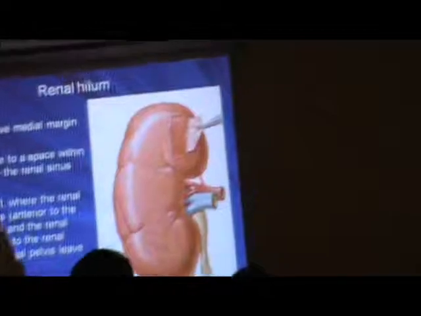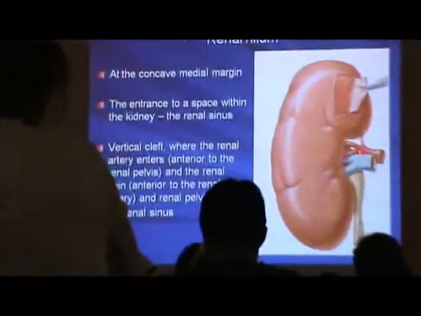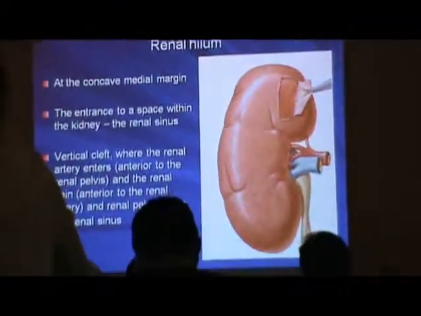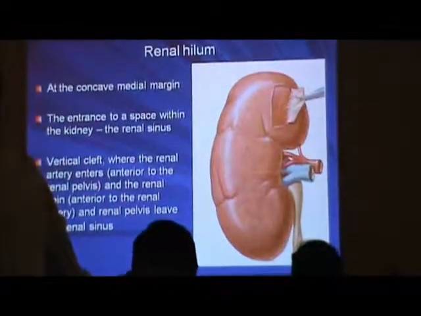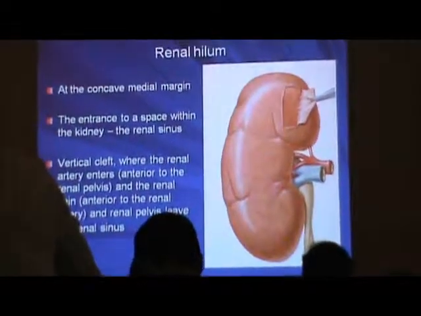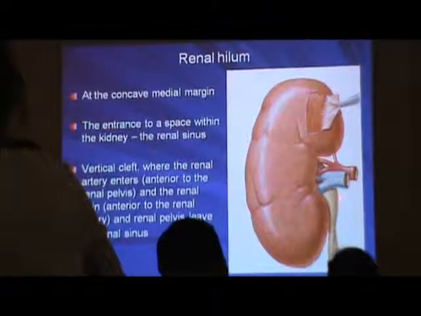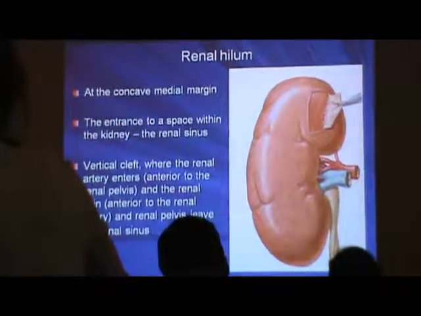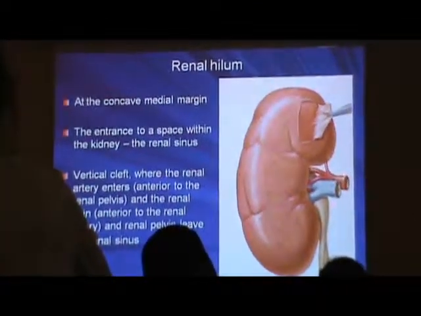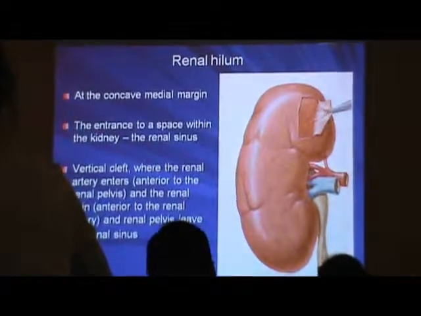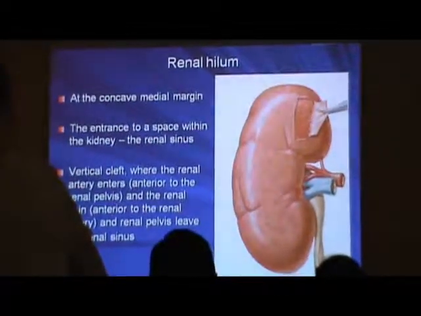Somebody can say, oh, but the artery is anterior to the vein? But we are talking about these relations before the renal sinus. We will see it soon. So here, this place: vein, artery, and renal pelvis, which changes into the ureter.